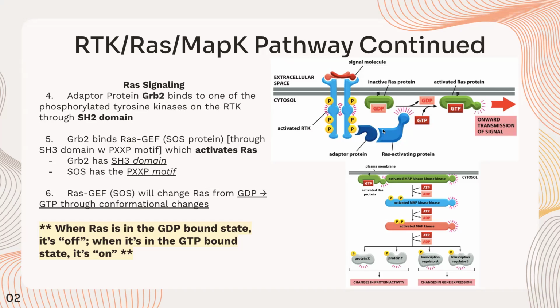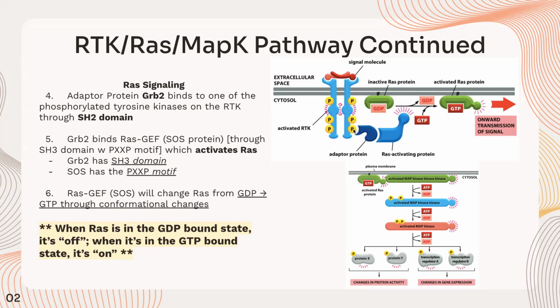And then there'll be a PXXP right here on the RAS activating protein. And those basically bind together like puzzle pieces. I'll go over it more in a later slide. But those domains are just what goes together with what. And then again, here would be an SH2 domain that allows that to bind there.